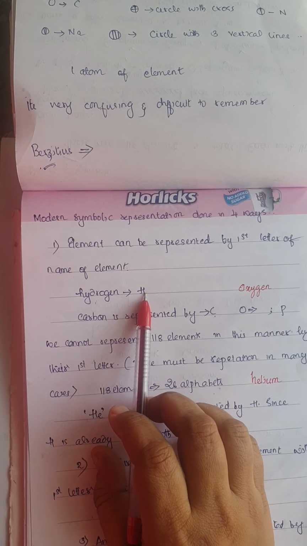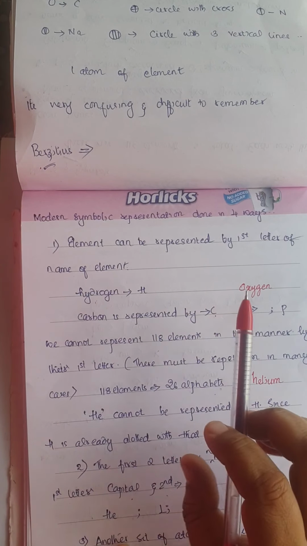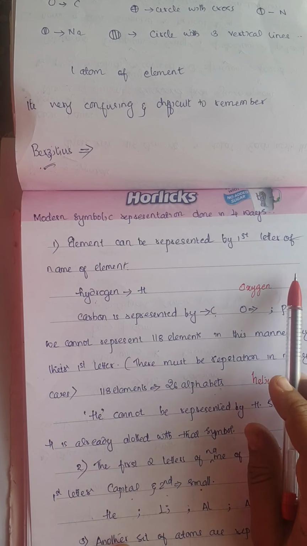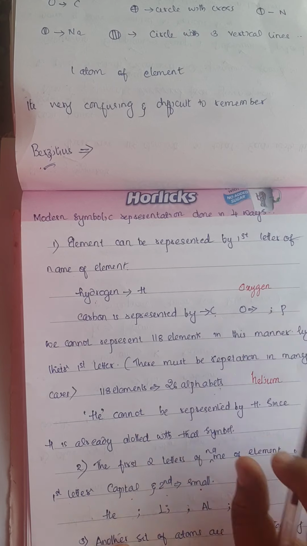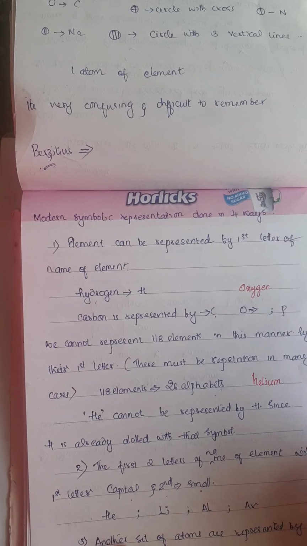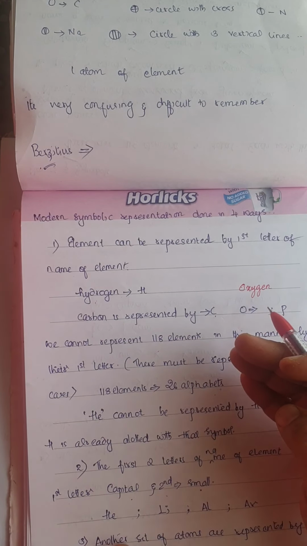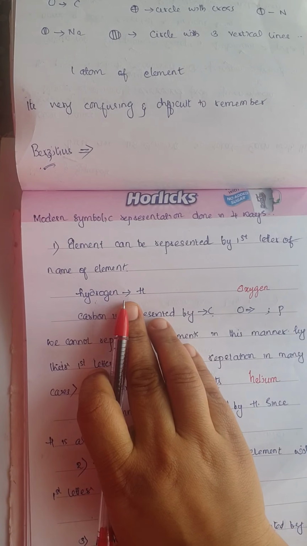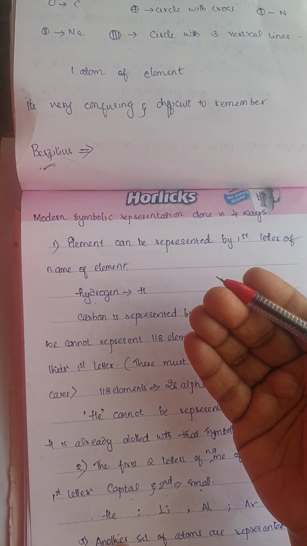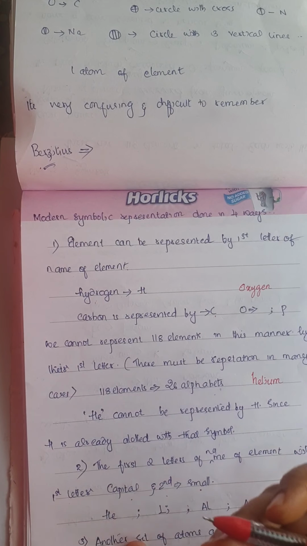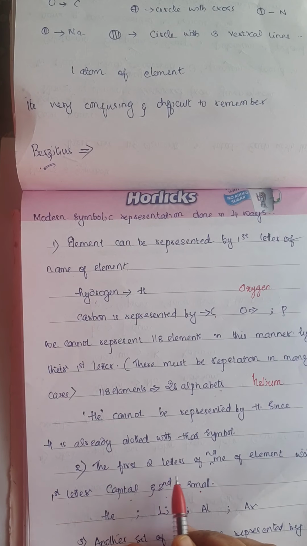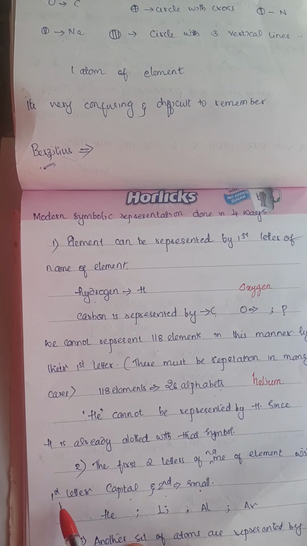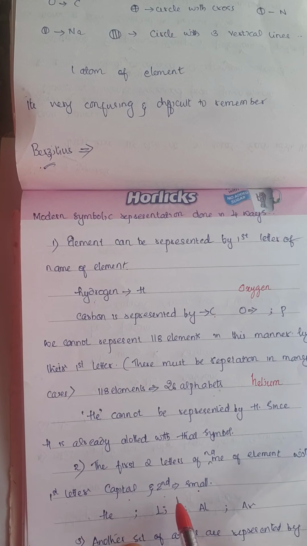Hydrogen can be represented by H, carbon by C, oxygen by O, and phosphorus by P. But in the case of helium, this method is not possible because H is already allotted for another element, hydrogen. So we are using another representation: the first two letters of the name of the element, with the first letter capital and the second letter small.